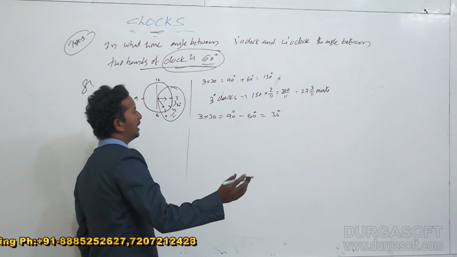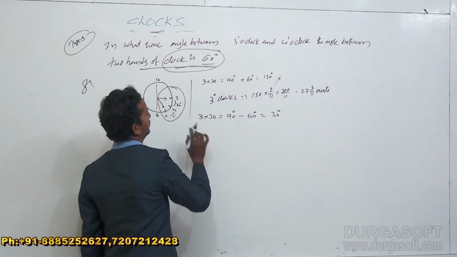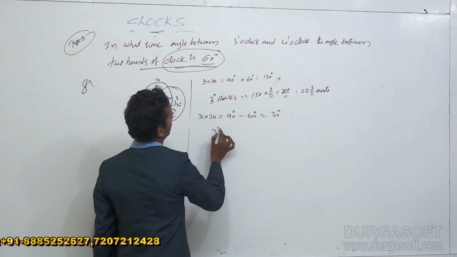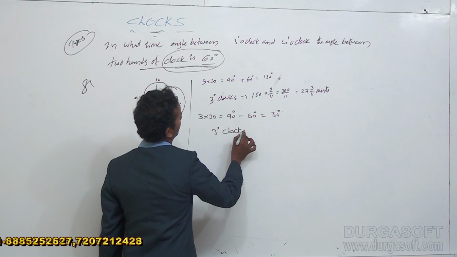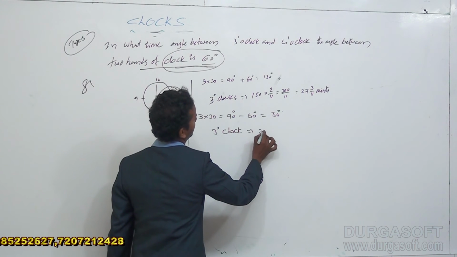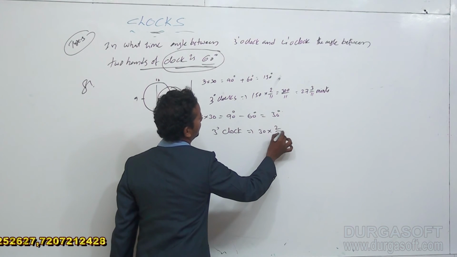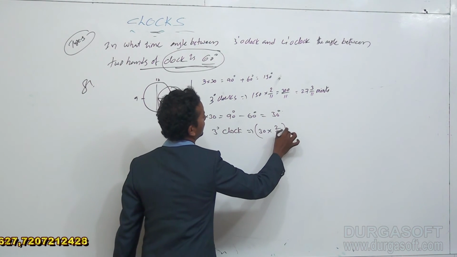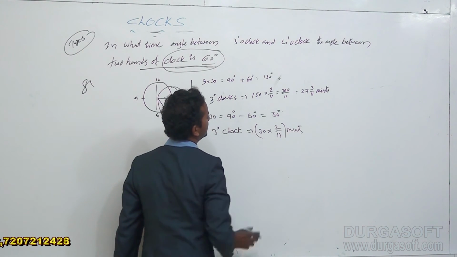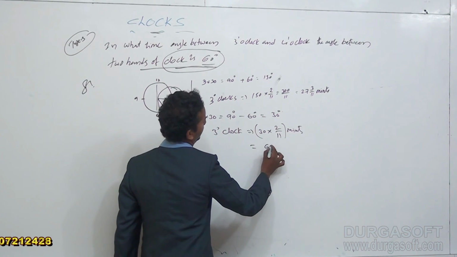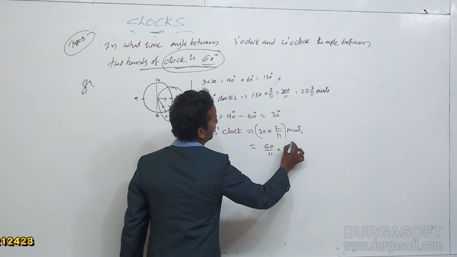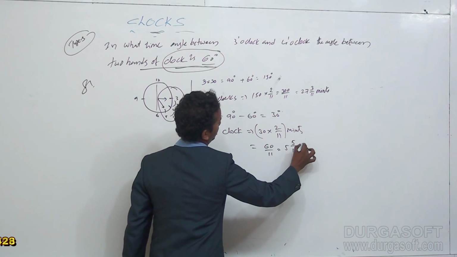Then converting to minutes, 30 degrees into 2 by 11 minutes. Now here 60 divided by 11 is equal to 5 by 11 minutes will be required.